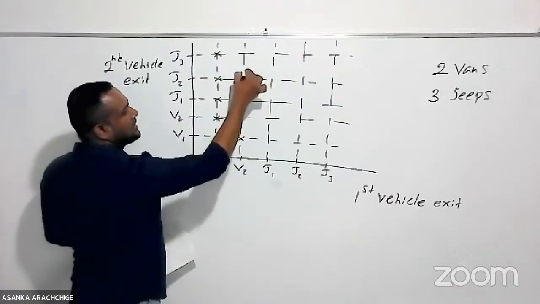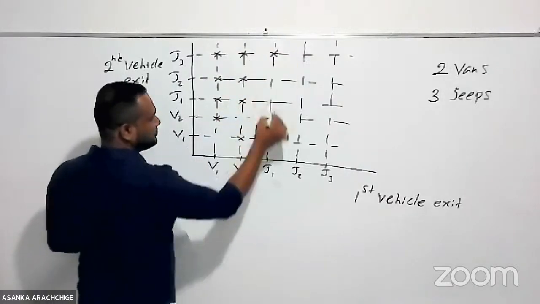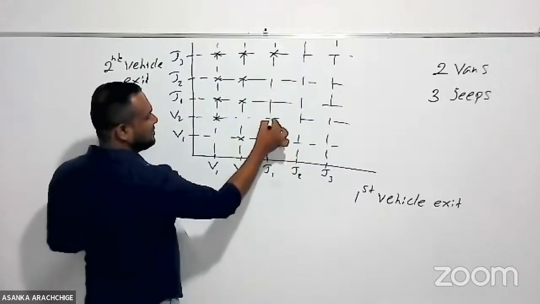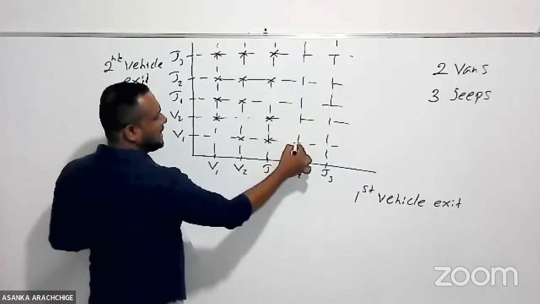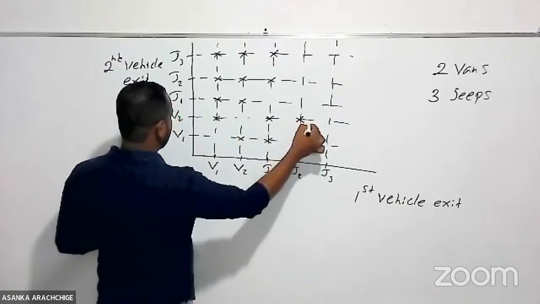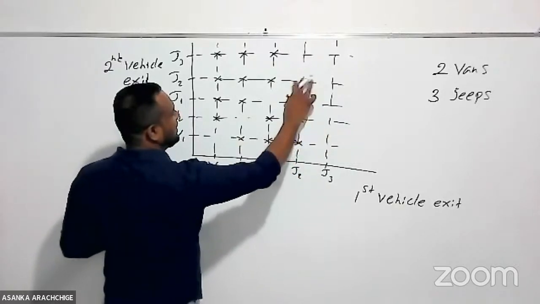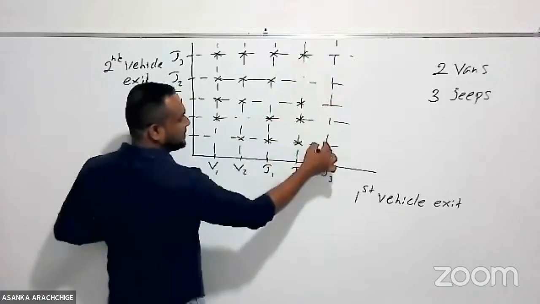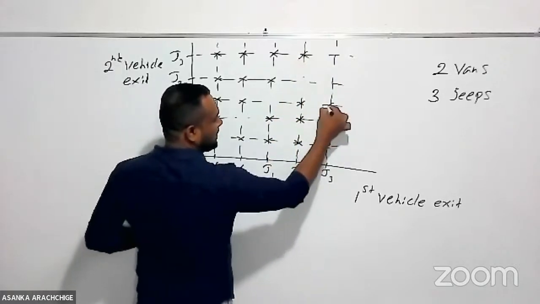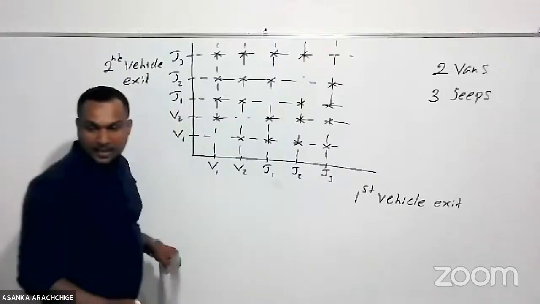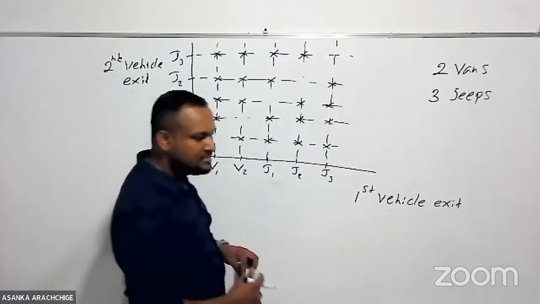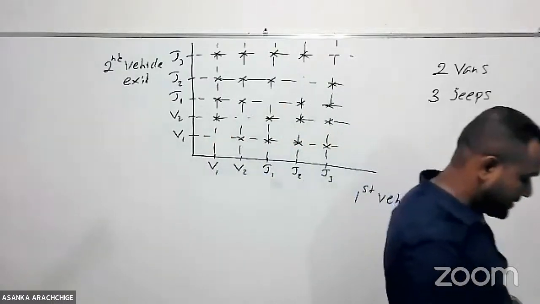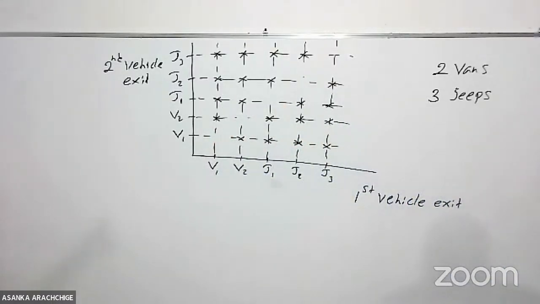Likewise for J1, J2, J3. Understood? So this is the relevant sample space on the given grid.